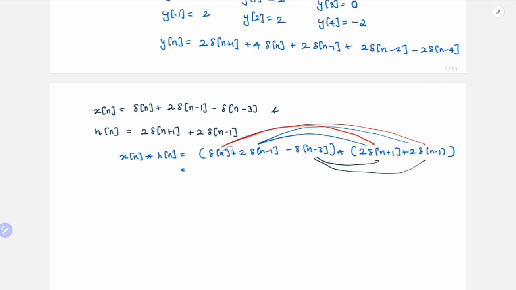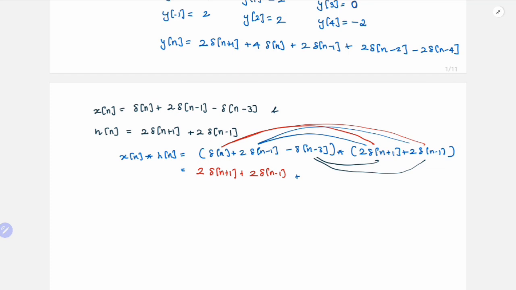Okay. So let me calculate the first 2 terms. So delta of n convolved with 2 delta of n plus 1. So you know that delta of n convolved with anything will be that same thing. So 2 delta of n plus 1 plus 2 delta of n minus 1 plus, now 2 delta of n minus 1 convolved with 2 delta of n plus 1.